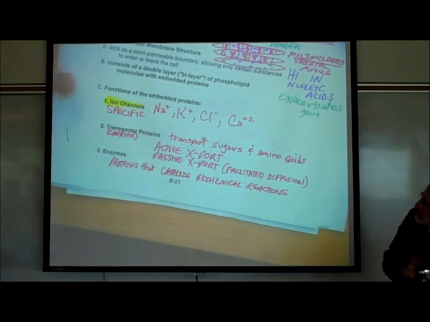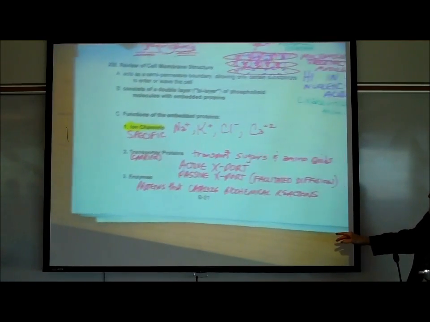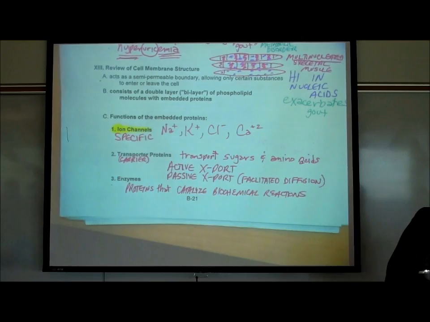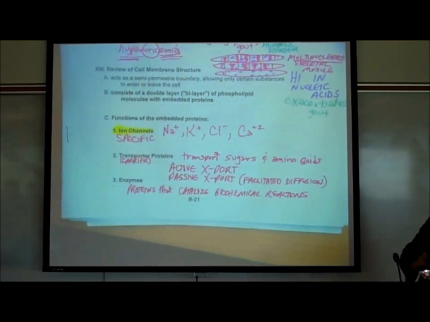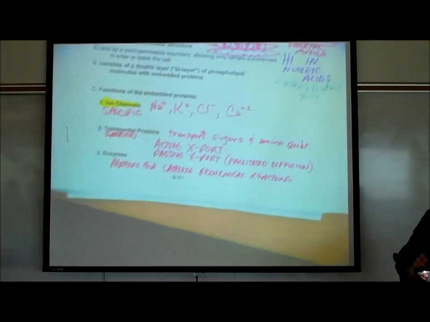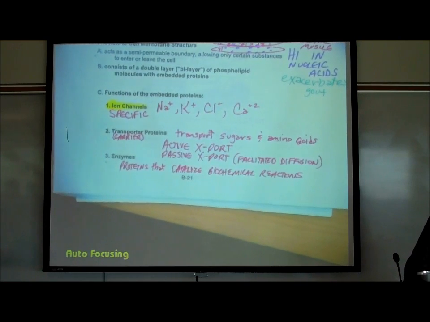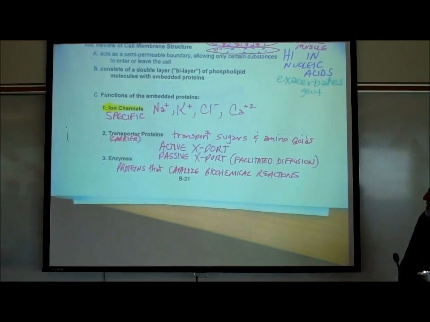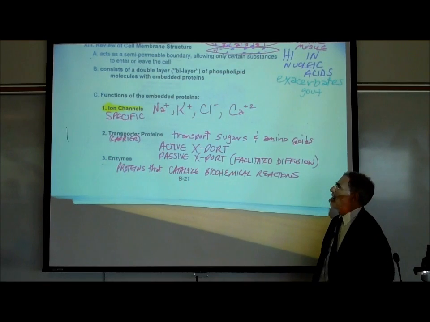Now, we wrote on page B21 the terms active transport and passive transport, or facilitated diffusion. You'd say, what do you mean by that?